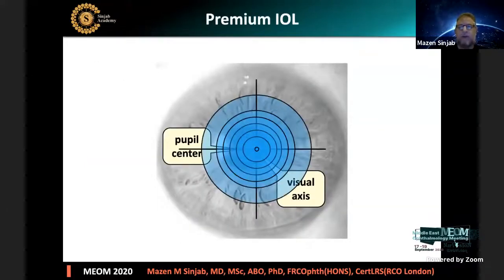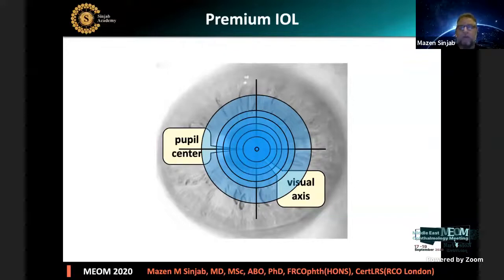In addition, the angle kappa should be taken into consideration when we implant premium IOLs, because usually when we put the lens, it centrates itself within the bag. So the lens doesn't respect the visual axis, doesn't respect the pupil axis. It respects the geometrical center of the bag, the capsular bag.